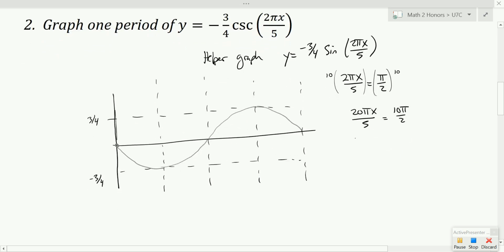Then I'm going to reduce, and I get 4 pi x is equal to 5 pi. Divide by 4 pi. And I end up with 5 over 4. So that is my first x value, 5 over 4, and I increment by that, so 10 over 4, 15 over 4, and 20 over 4. Okay, so all this was to get a good graph of my helper function, sine.